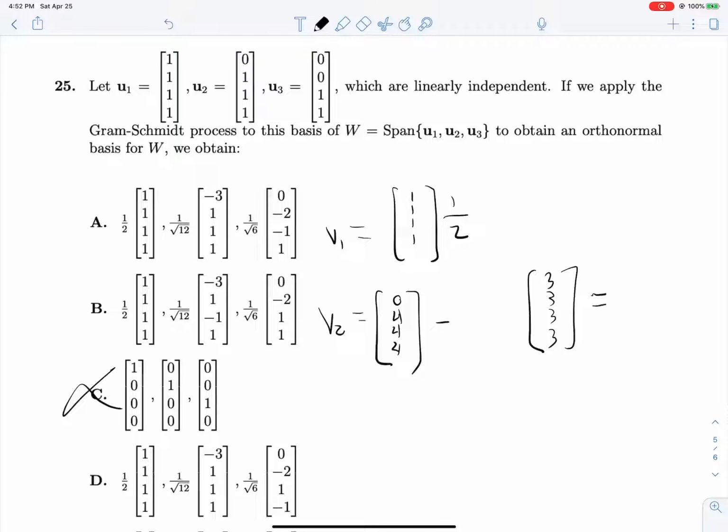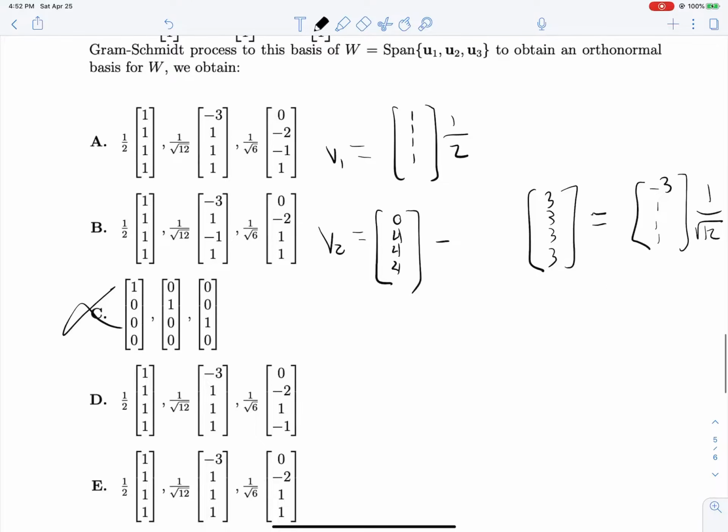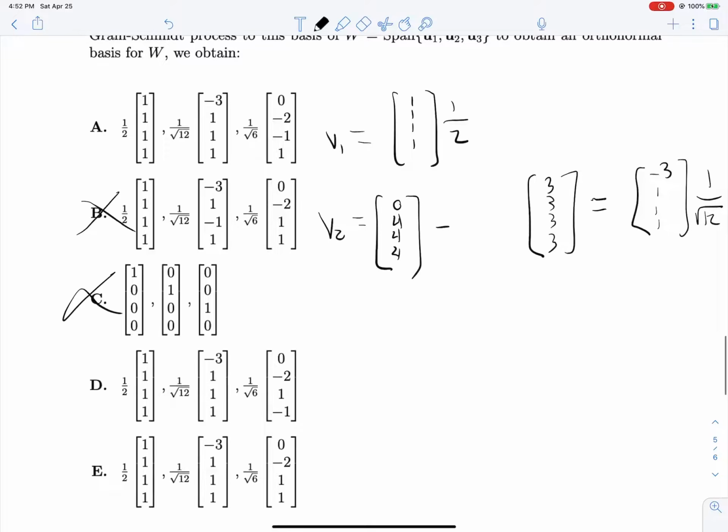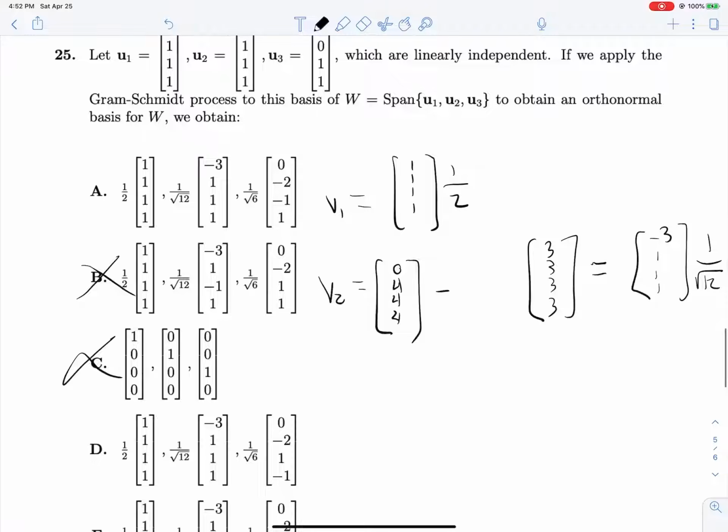This gives us -3, 1, 1, 1. And we can normalize this by multiplying it by 1 over 12, right? Yep, okay. And now that leads us, well, actually, not much of anywhere. We're still stuck between three answer choices, but at least we know we're on the right track. It seems like we've made the correct choices up until this point.